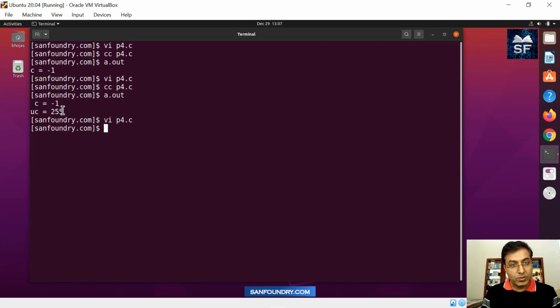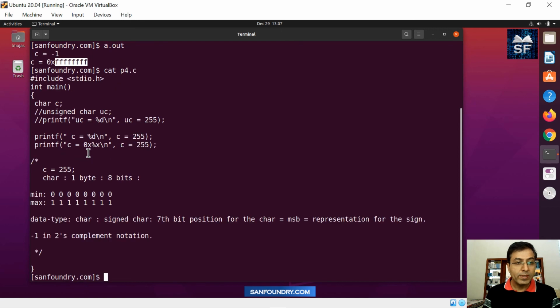Let me quickly run this code, and you will see that it is not FF. FF generally means 255. So it is not FF, it is FF eight times, which is a 4-byte entity actually at this point of time. So this is the million dollar question now: why are we seeing all those FFs, right?